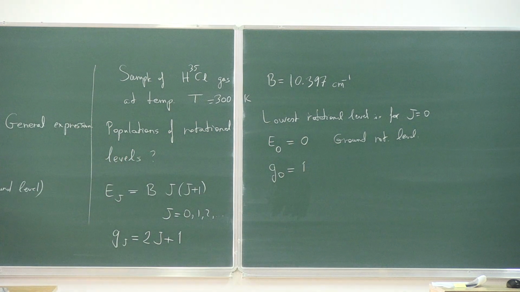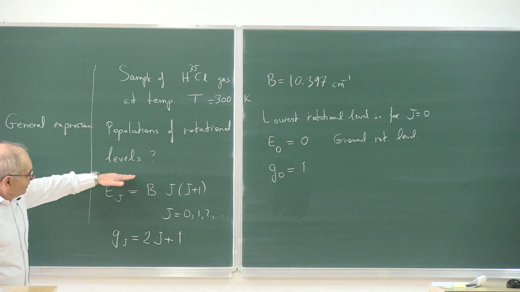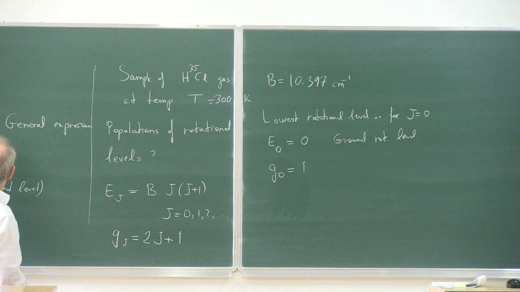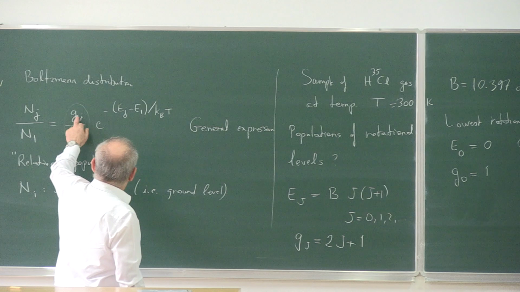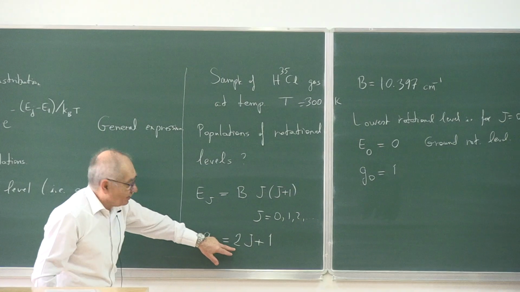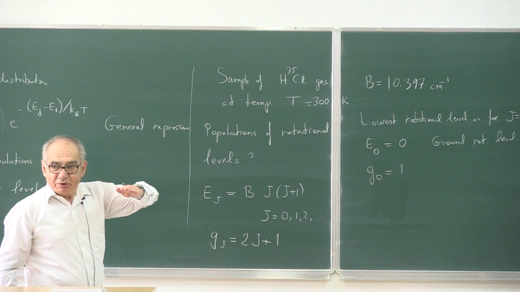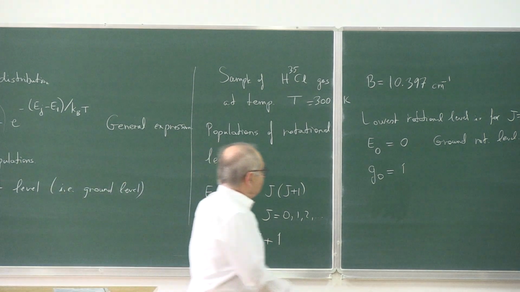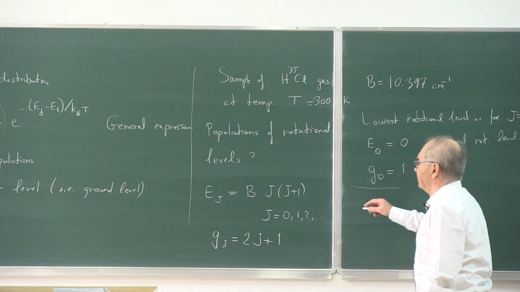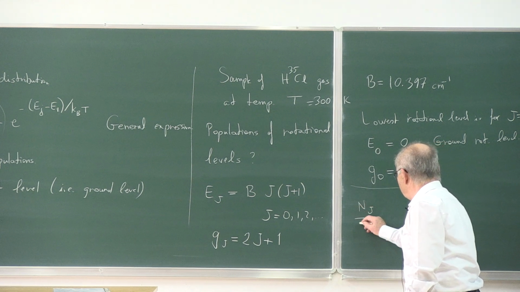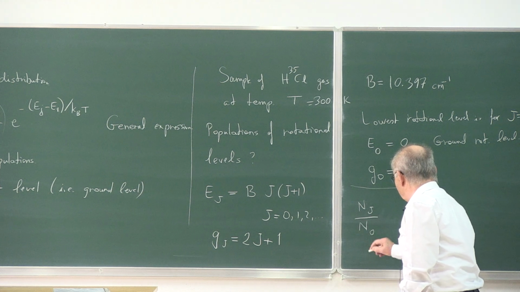So when we apply this factor to the rotational case, the degeneracy of the jth level is given by this expression, 2 times J plus 1. There is no degeneracy in the ground level. So now I write n_j, n sub J divided by n_0.